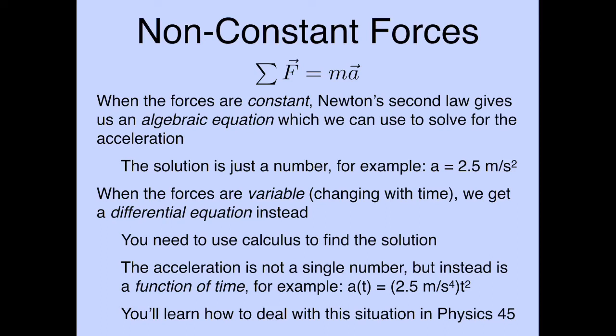So when you solve for it, you're just going to get a number, like a is equal to 2.5 meters per second squared, as an example. In that kind of situation, the equation you're solving is what's called an algebraic equation. You're solving for a number using methods of algebra.